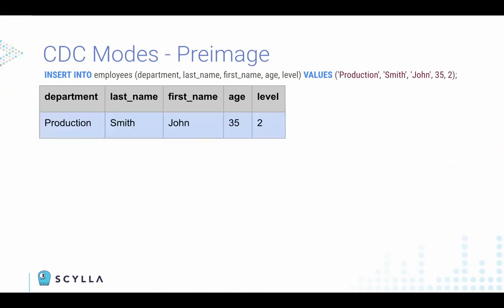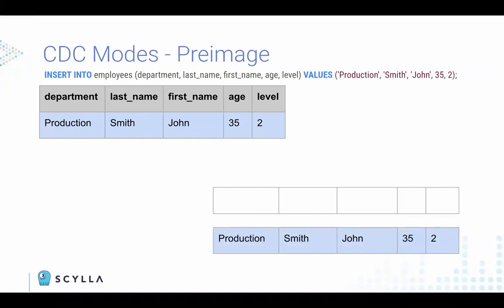We are adding a new row, and now the preimage is just an empty row because that's what was there before the operation. And just to compare it with the delta, which was the whole new row.